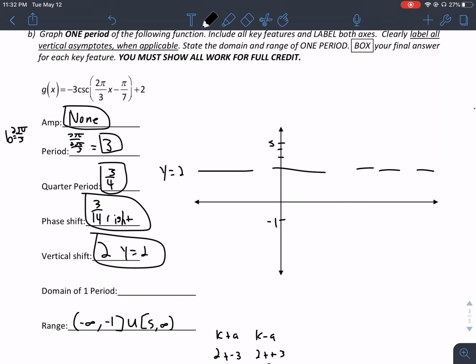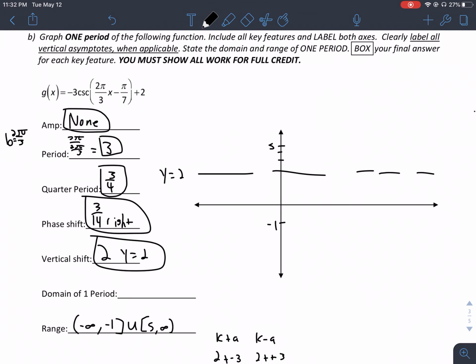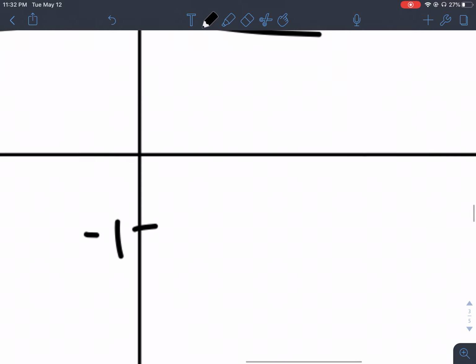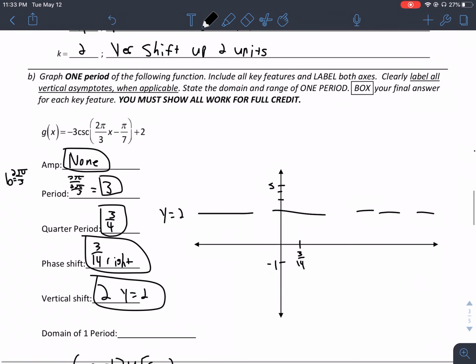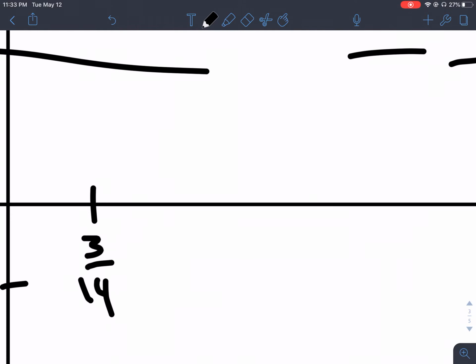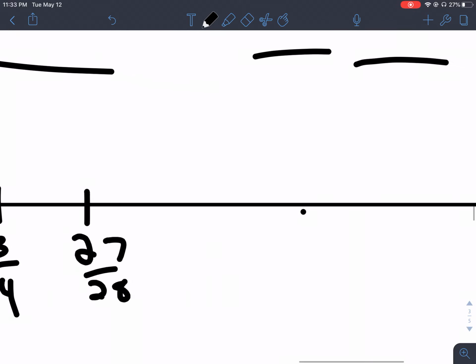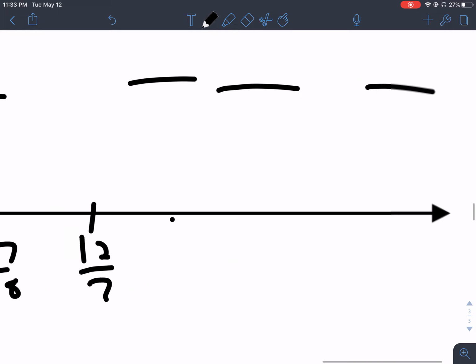Okay, so now we have to do our 5 points right here. So we do our phase shift, 3 over 14, and then we add our quarter period to it. So 3 over 14 plus 3 over 4 is 27 over 28. And then again, we get 12 over 7.